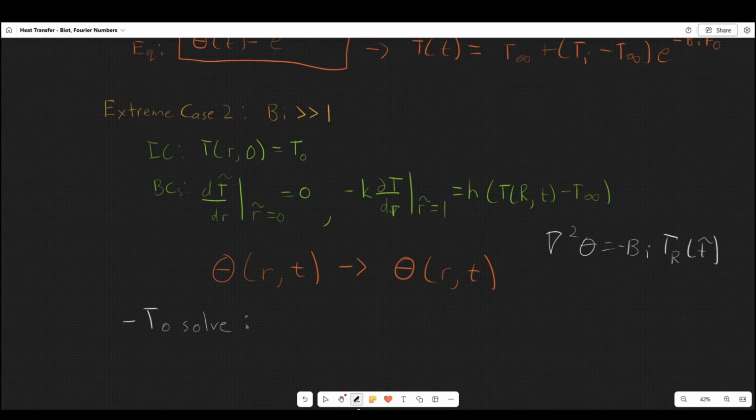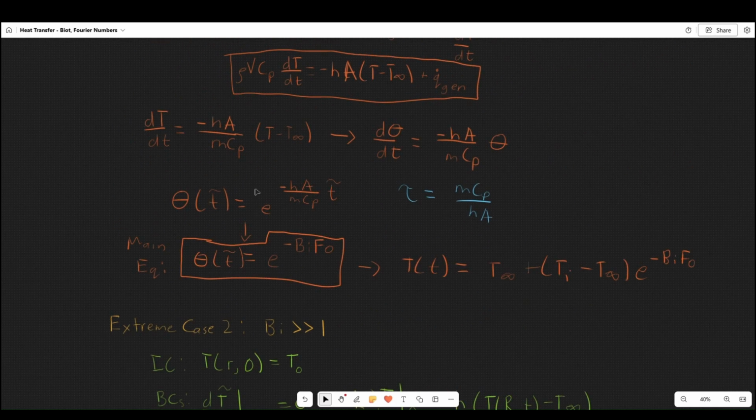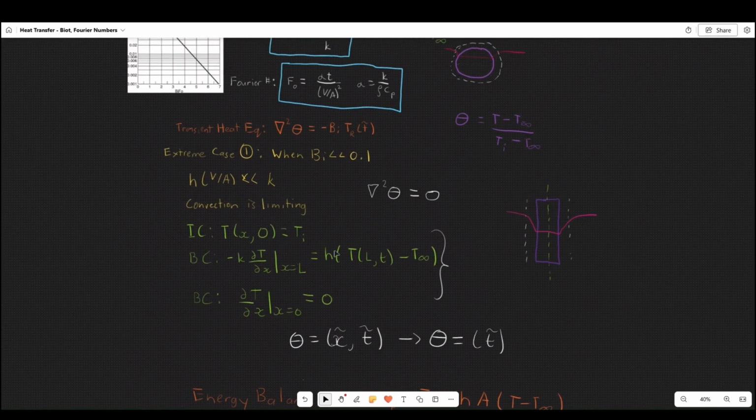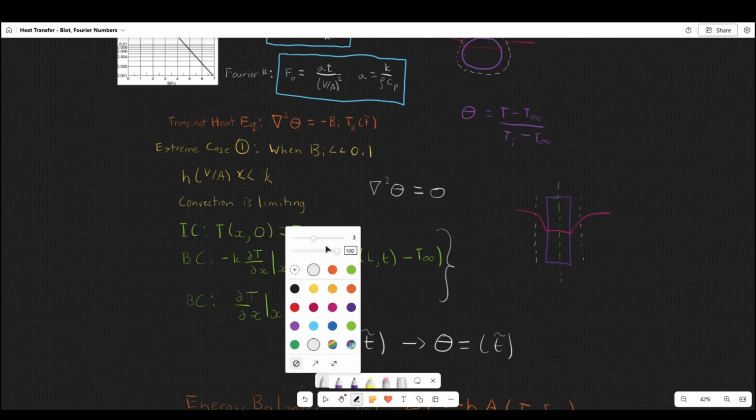Heisler charts are pre-made charts that map the Biot numbers and the Fourier numbers according to the specific geometry, and they will allow you to determine every single variable that you'll need. So these charts are the way for you to do it if the Biot number is really large. But if the Biot number is really small, we can do a lumped parameter analysis.